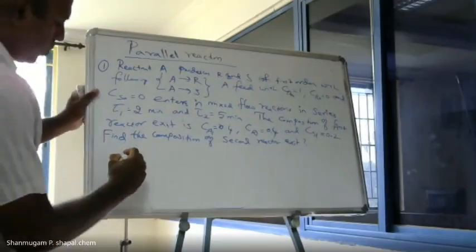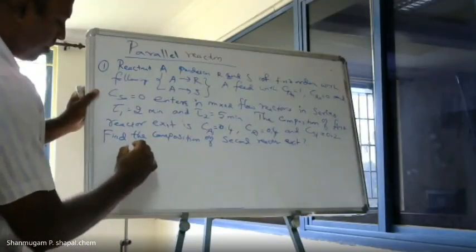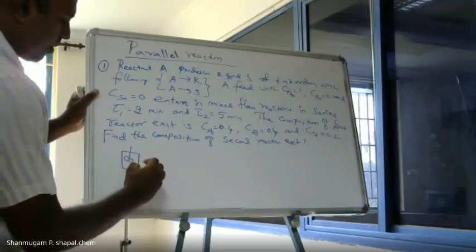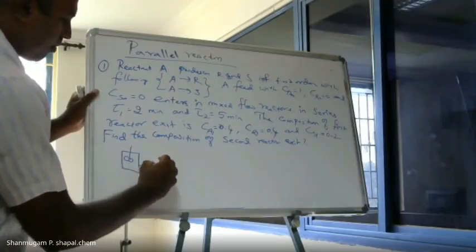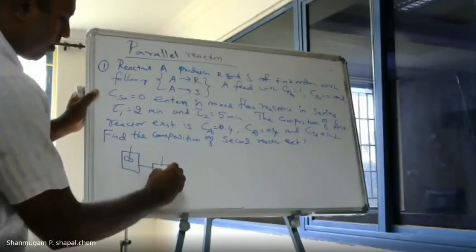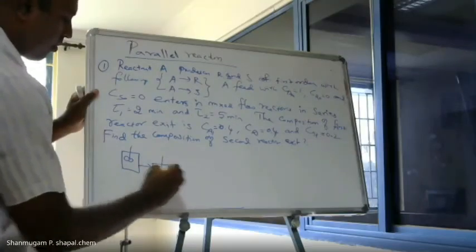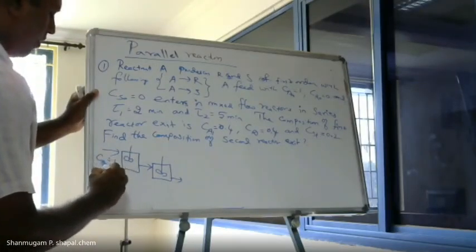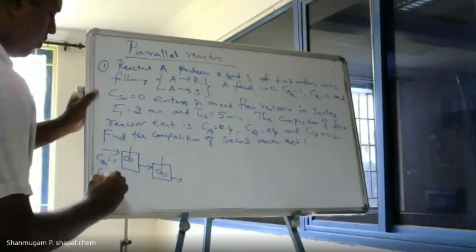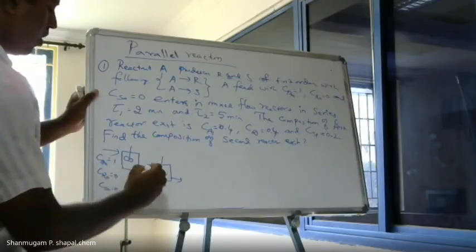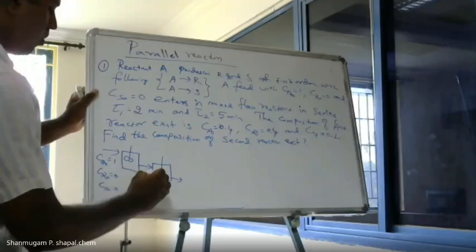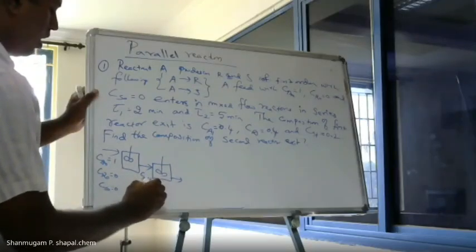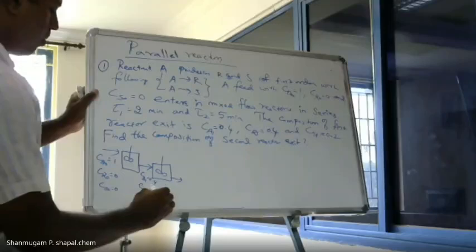So you have two reactors, with CA0 equal to 1, CR0 equal to 0, CS0 equal to 0, CA1 equal to 0.4, CR1 equal to 0.4, CS1 equal to 0.2.